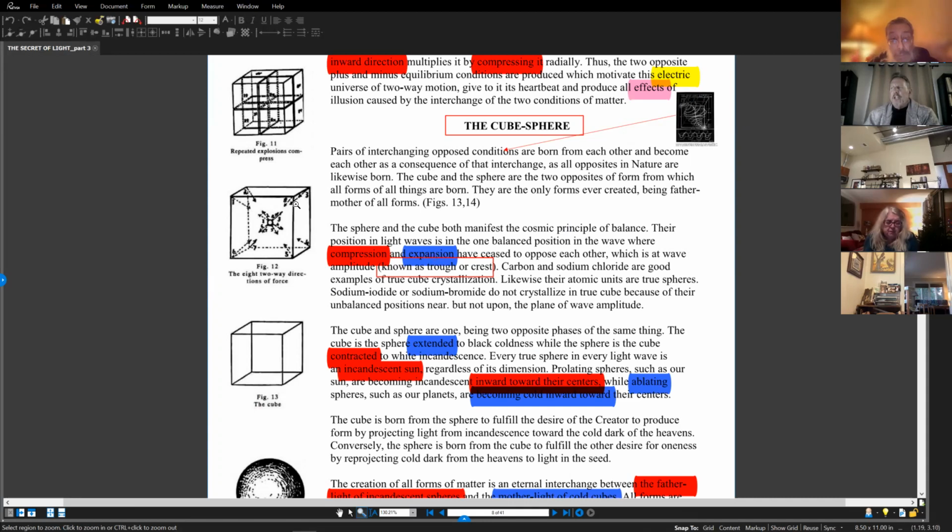The forces that come from outside in are called compression. They are red, male, positive, and hot. So we get these centering forces going out and these compressing forces going in. It's like the heartbeat, like the breath. Breath in, life. Breath out, death.